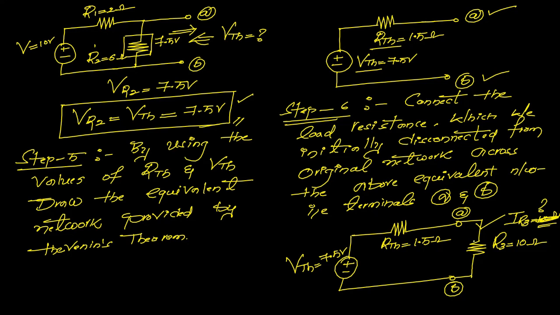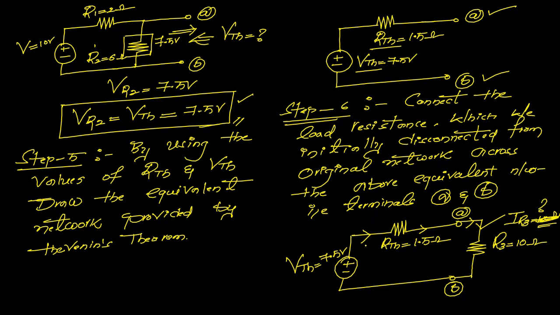So that is the reason why, if you are connecting this load resistance across terminals A and B, the connection between RTH and R3 is series. So if you are finding the value of current flowing in this particular network, whatever the current is flowing through RTH, the same current is flowing through R3.